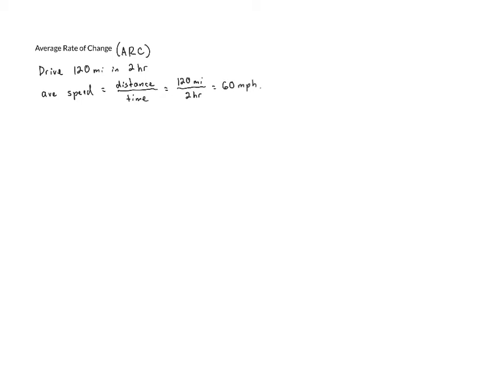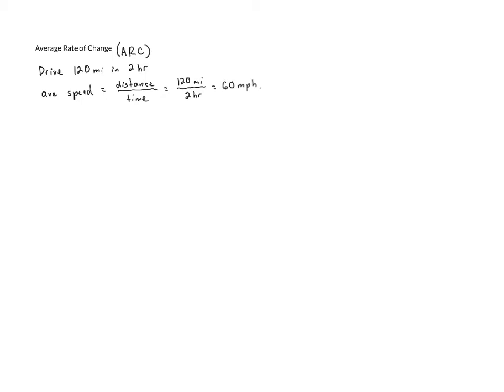Now, what I want to do is consider a situation where we're driving a car and we want to figure out our average speed. If we look at the speedometer, that will tell us how fast we're going at a particular moment. But if we speed up and slow down, that information isn't very helpful to figure out what our average speed was over the course of several hours.